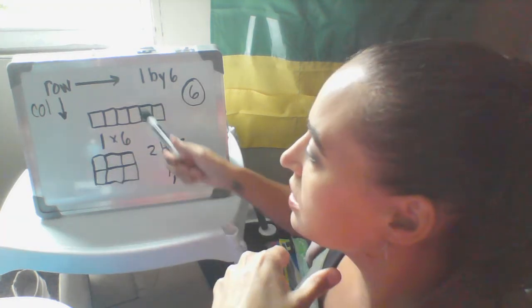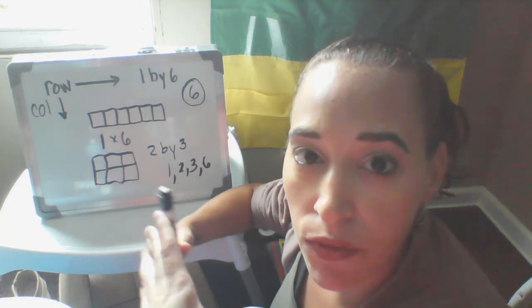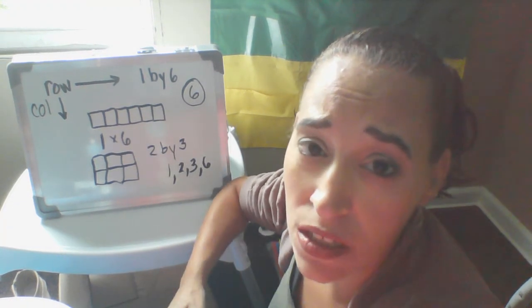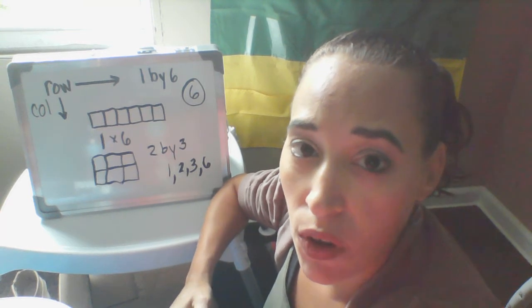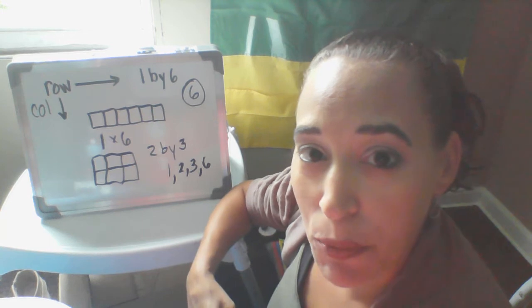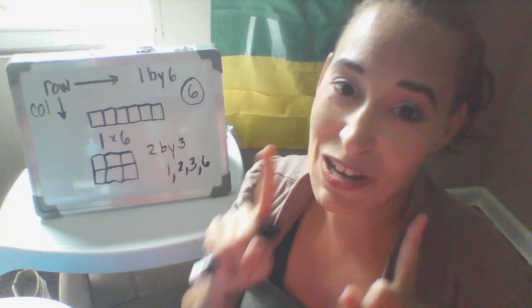So this method is just an introduction to give you a review of what factors are, and to give you that visual representation. But we will be moving on to a different, more efficient way of figuring out the factors of a number. Okay, so hopefully this video helps you with Lesson 1.